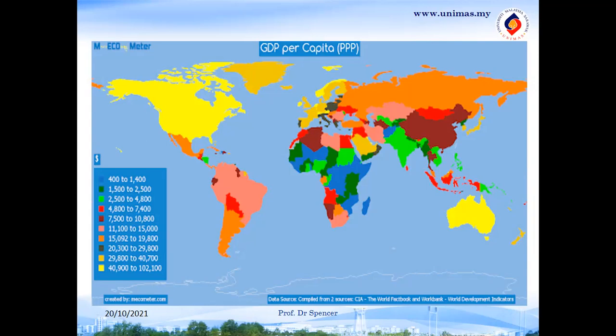So this has been standardized. So you see that rich countries, US and Australia, European countries, these are countries with high GDP per capita. Okay, yang kurangnya adalah di negara Afrika.